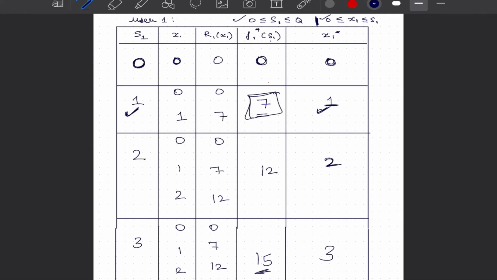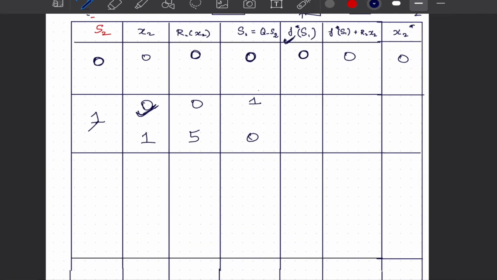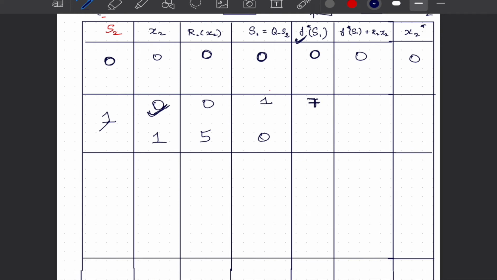So F star S1: if we allocate 1 here, we have already identified the best solution that we are going to get if we have state of 1, which is going to be the value of 7, because that's what we should make them consume. So this would be 7, and if 0 is available, we are going to have 0. If we combine the total value, we are going to have 7 plus 0, 7 here, and 0 plus 5, 5 here.